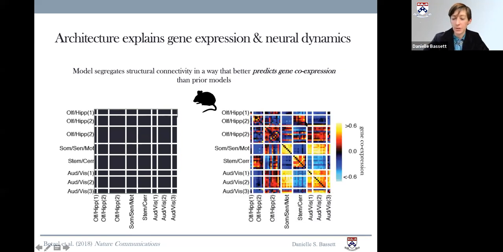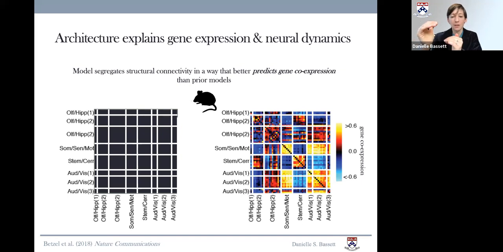Here, you can see the same white lines that I've shown you on the left-hand side, which were derived from applying the weighted stochastic block model to the structural connections of the mouse. On the right-hand side, I'm coloring each region by their amount of gene co-expression. What I want you to notice is that even though these white lines, these demarcations, were defined based on structure, they provide a really beautiful set of boundaries that also demarcate areas of shared gene expression.